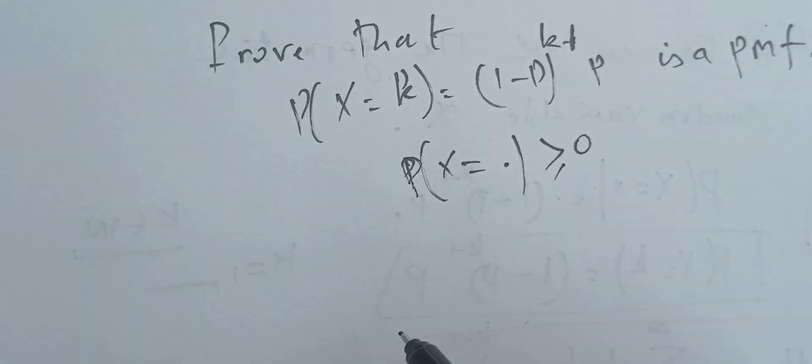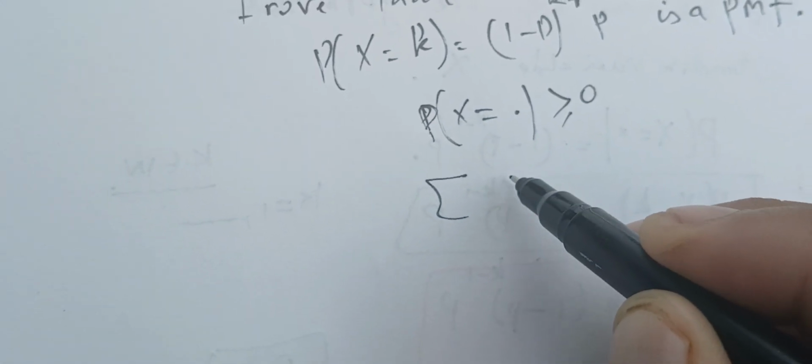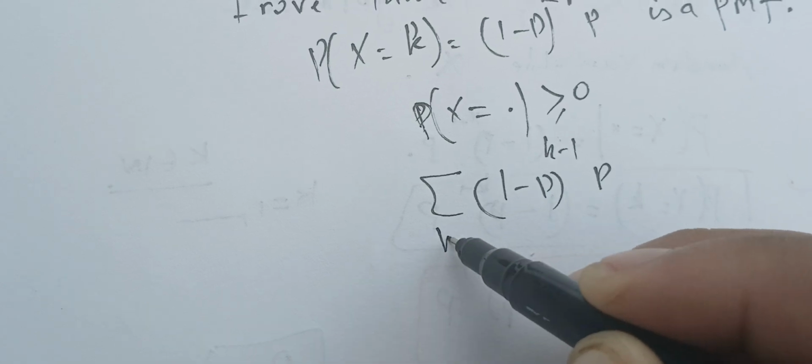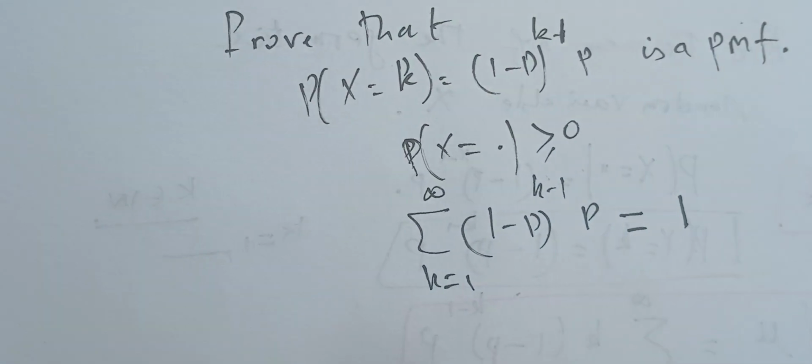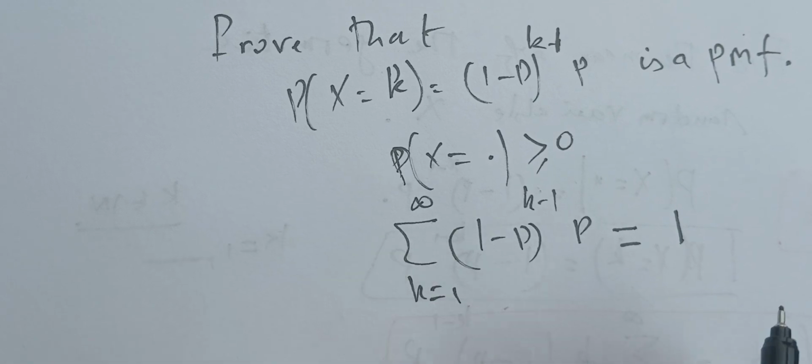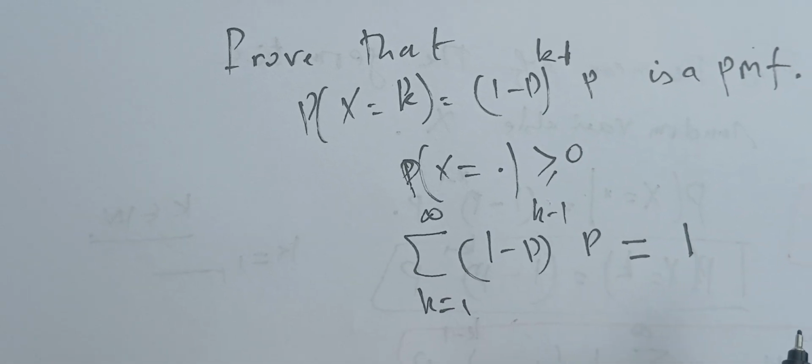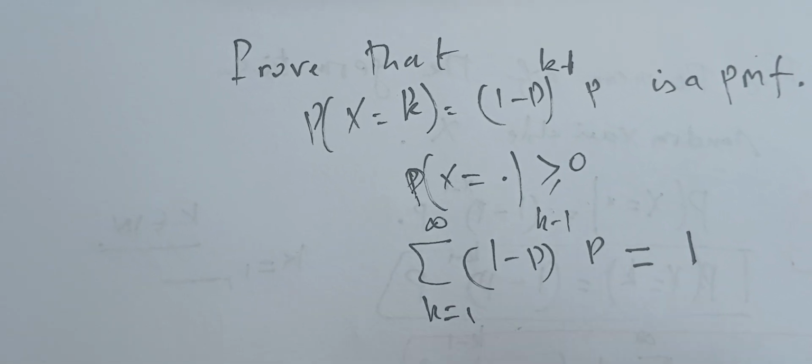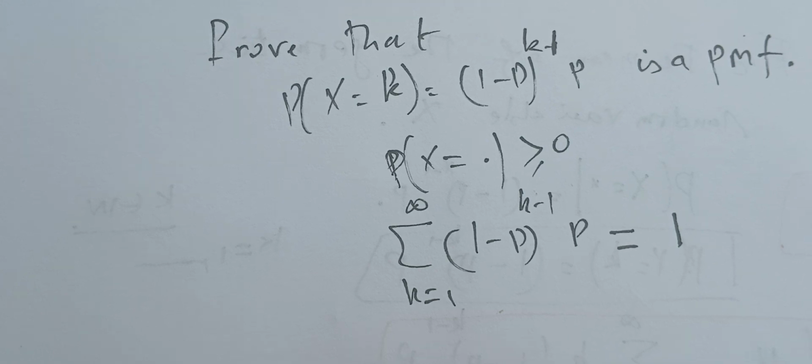And also the sum of these probabilities, (1 minus p) to the power k minus 1 times p, where k is going from 1 to infinity, is equal to 1. If I satisfy these two conditions, that means I have a probability mass function.